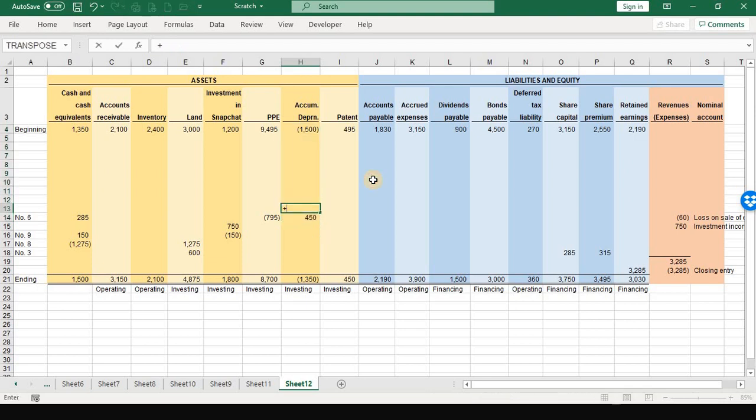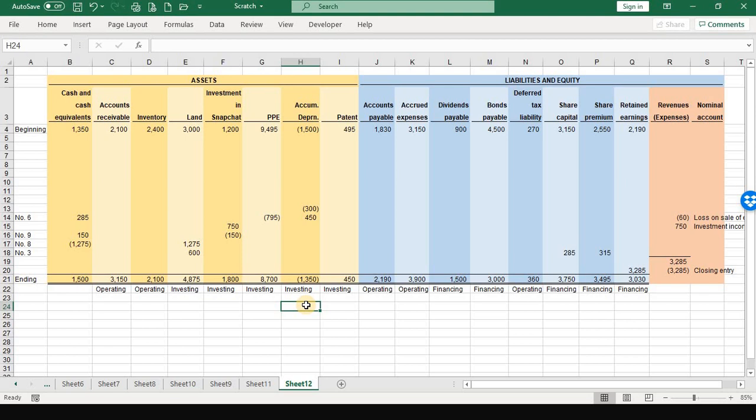So 1,350, then 1,500, then 450, there should be another credit to accumulated depreciation for 300 pesos. What are the transactions that requires a credit to accumulated depreciation?